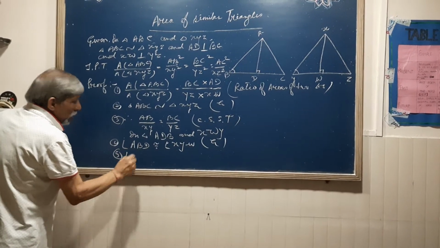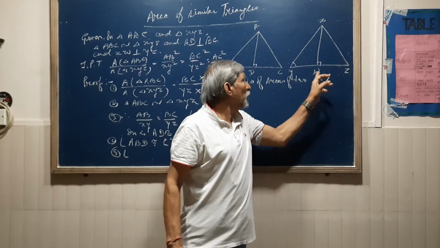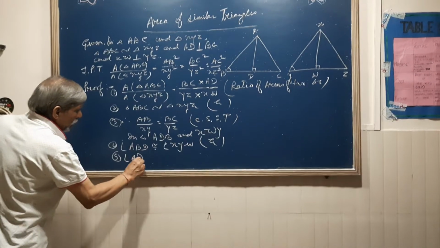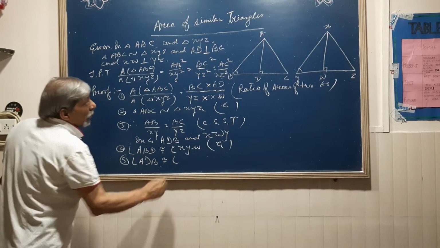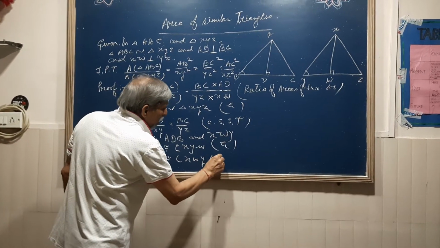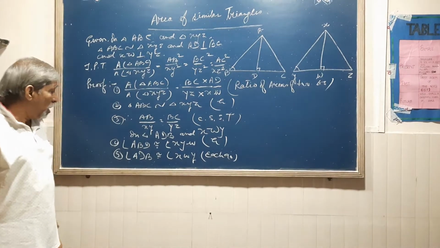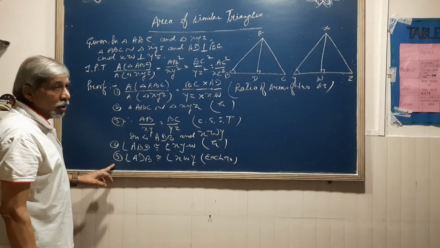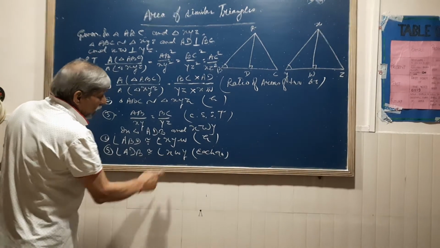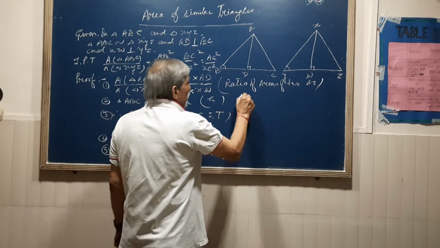And two right angles: angle ADB is congruent to angle XWY, each 90 degrees. Thus, if these two triangles' angles are congruent, that means these two triangles will be similar by the AA test.